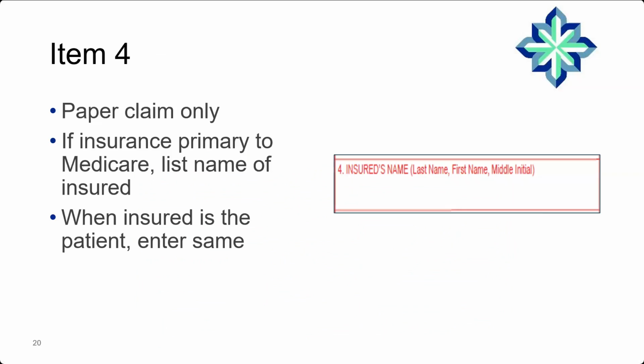So if it's not a spouse, if it's not a child, if it's not someone else that they're qualified under, you're going to need to tell us who that is, and follow that field. Last name, first name, middle initial. Someone asked if they have to have a middle initial. I've never seen us reject for not having a middle initial, so I would say no. If the insurance does fall under the person, the Medicare recipient, then yes, you're going to want to make sure that you put same. Just don't fill it all the way out. You don't need to do that, okay?